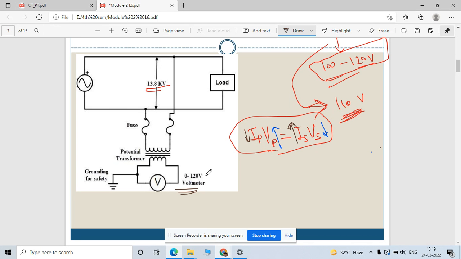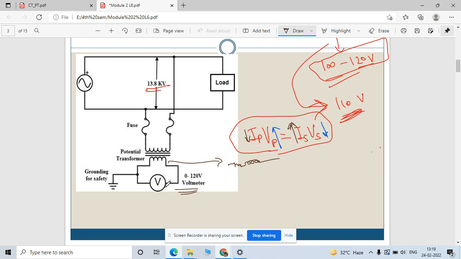So that's different. Here it is actually the same: in terms of this winding, the secondary resistance is small. So your losses will be less.